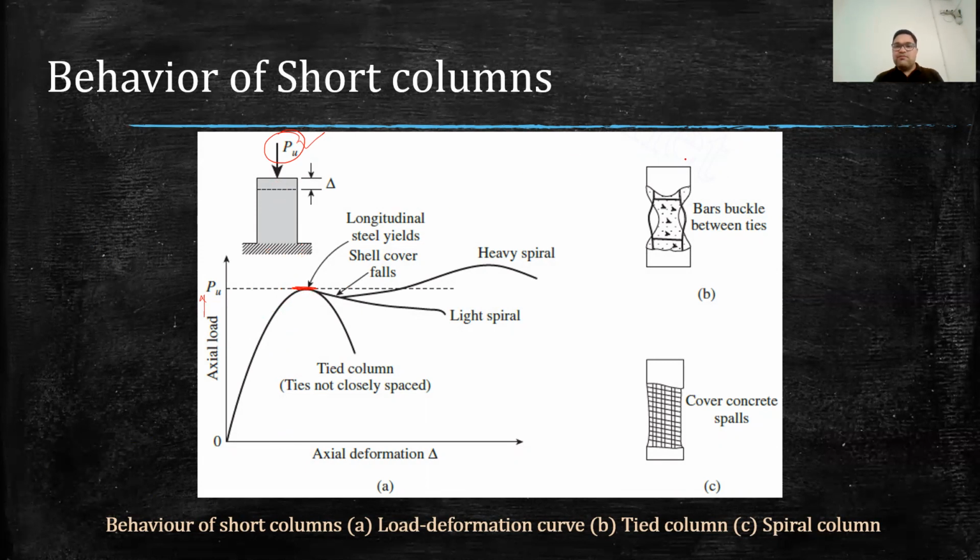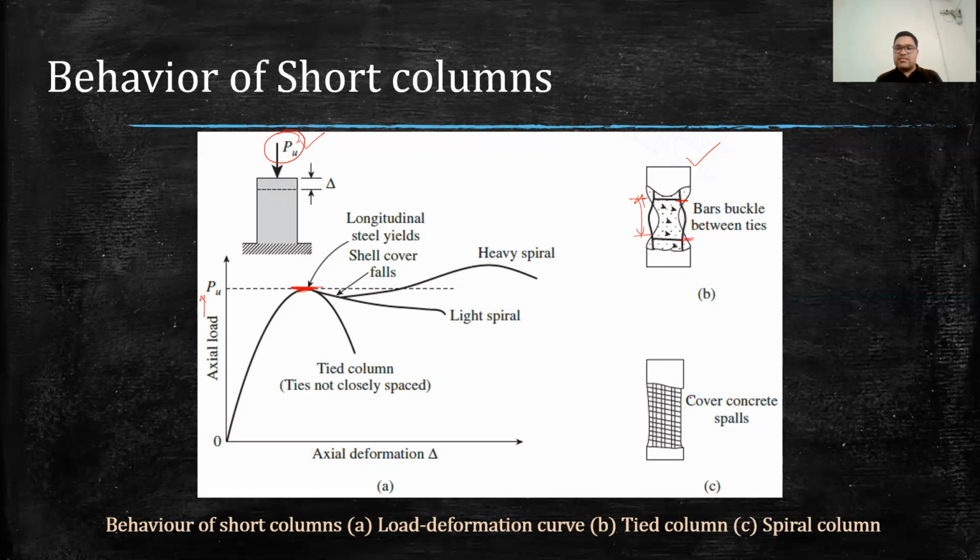As you can see, if we take the case of a column having lateral ties, lateral ties have a relatively high pitch, and because of this pitch, the bars may buckle. So when we apply load, bars at the local point, they start buckling between the ties.